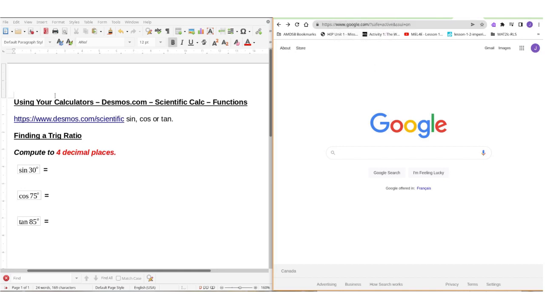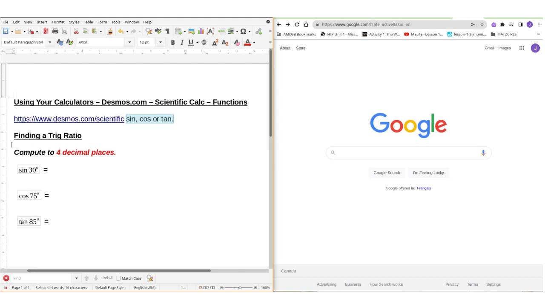All right, so now we're going to use graphical calculators to help us do this mathematics. Now, you're going to use your calculators by either using the Desmos.com scientific calculator, or you're going to use your own calculator. Now, for your own calculator, you need to have the sine, cos, or tan function on your calculator.